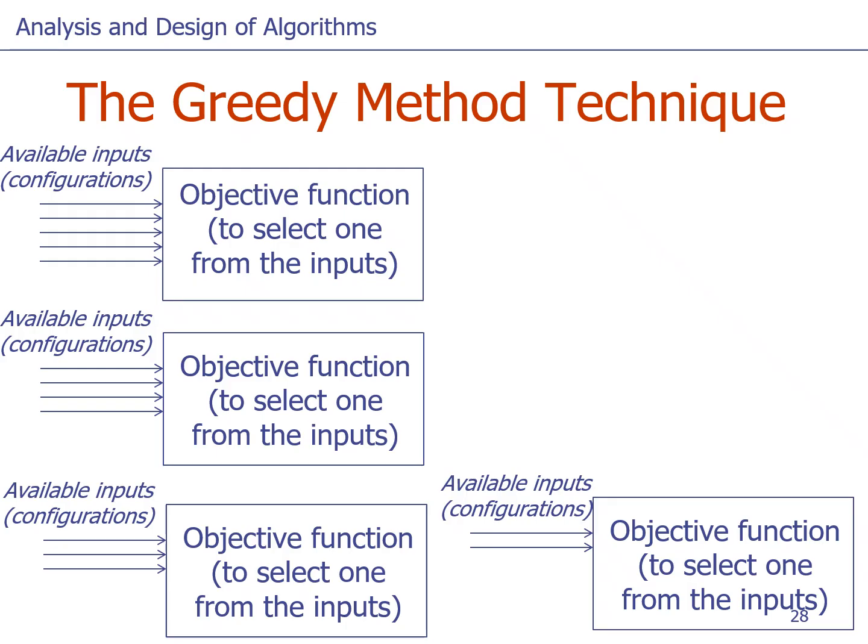But the objective function tells you which one to select. What that means is that after passing the inputs to the objective function, one of the data items will disappear because it has been selected. So you will keep selecting one at a time in a greedy way from your available inputs until ultimately there are no more inputs.